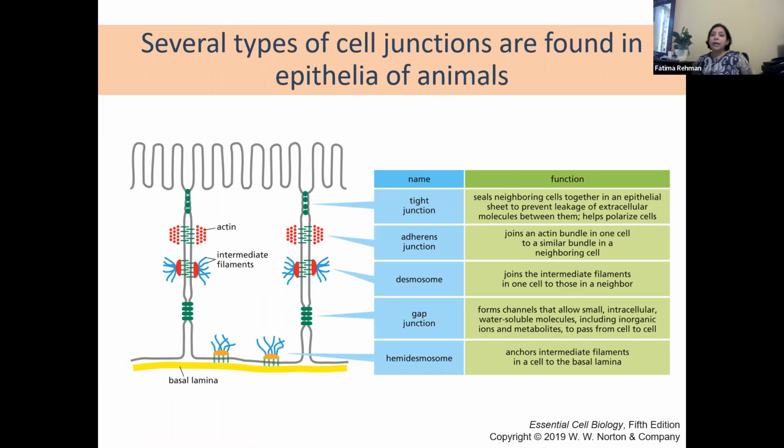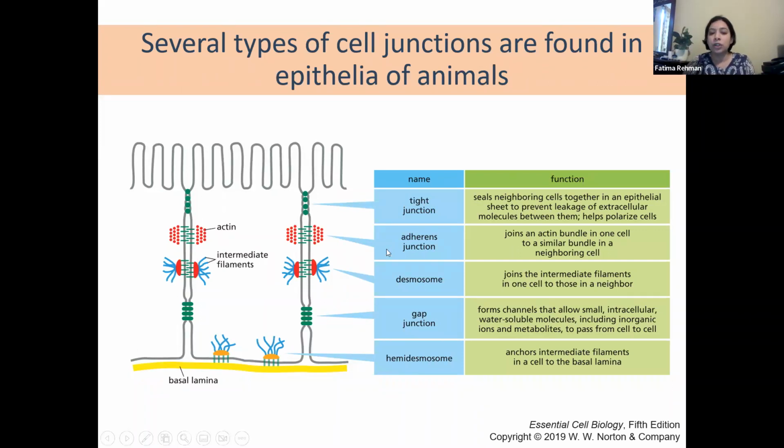So at the end of the day, here are the different types of structures that you should know about in animal cells that help to join and communicate between adjacent cells. You have tight junctions that tightly seal neighboring cells together in the epithelial sheet and prevent leakage of any extracellular molecules between them. They help to polarize the cells and keep the difference of the apical versus basal lamina intact.